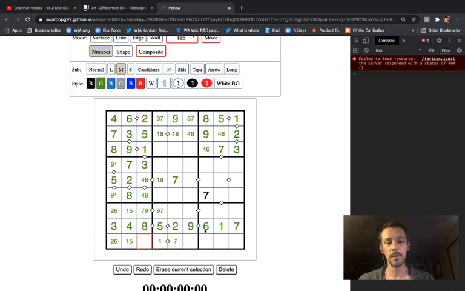Okay, that would make this a 9, and this is 7, and this would have to be a 9. And that 9 is a repeat of the 9 that's already here. Okay, so there's no way to fulfill this without causing a contradiction. So long story short, this can't be 6, this can't be 2. In other words, this has to be 6, and this has to be 2. Okay.